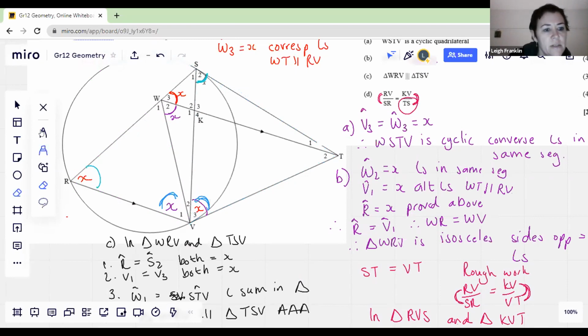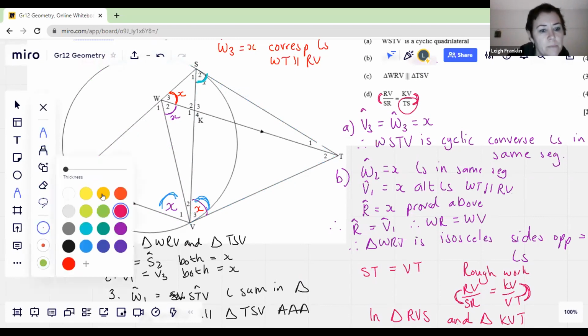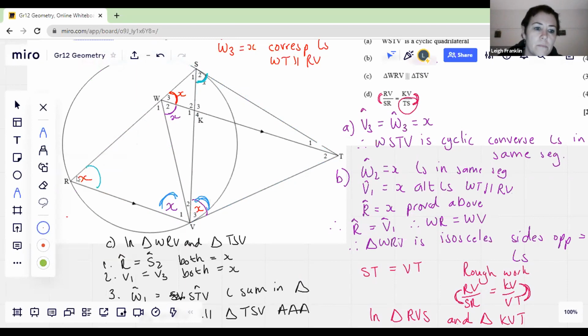RVS is this one, the yellow. And KVT is this one.